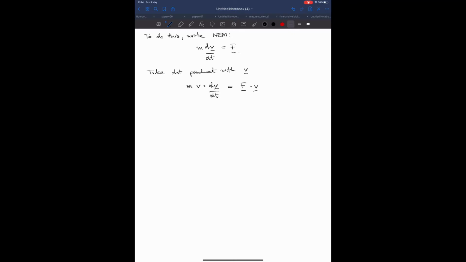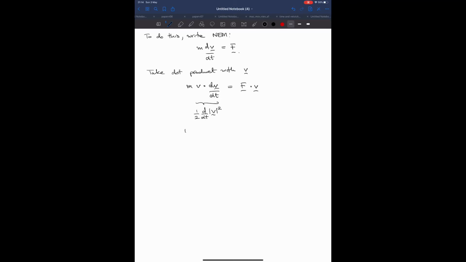Next, we know, because we showed it last time, that this is 1/2 d by dt of the modulus of v squared. If you're not sure why, have a look back at the last video, and this will explain why.